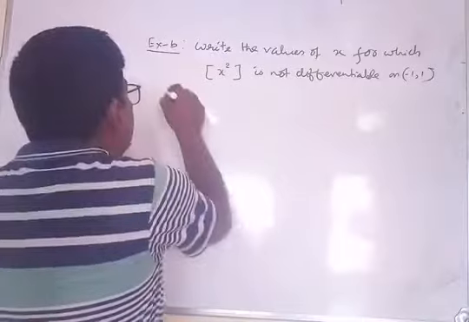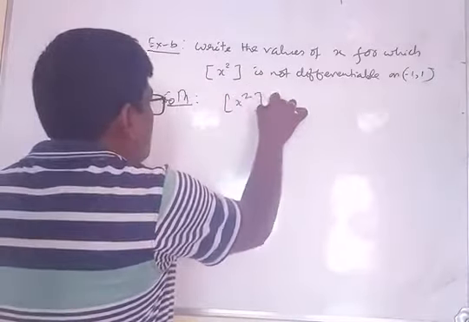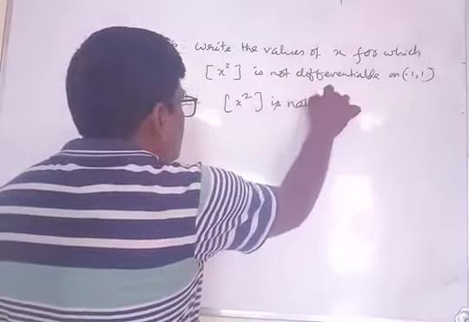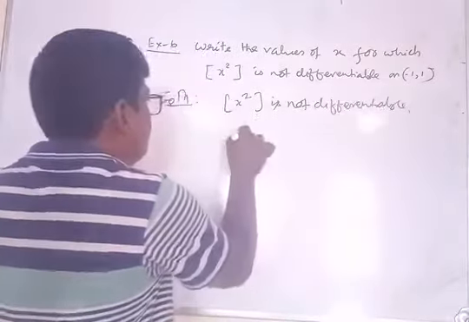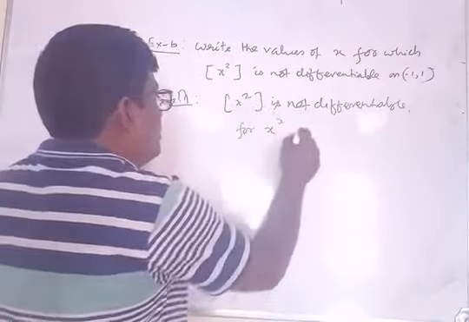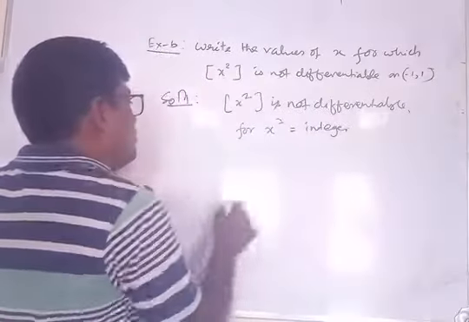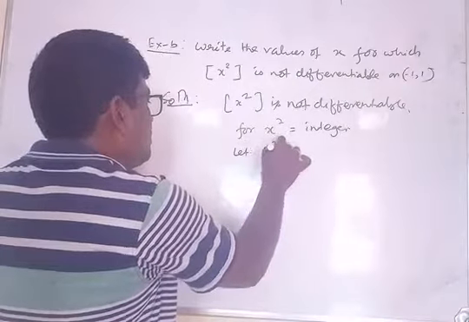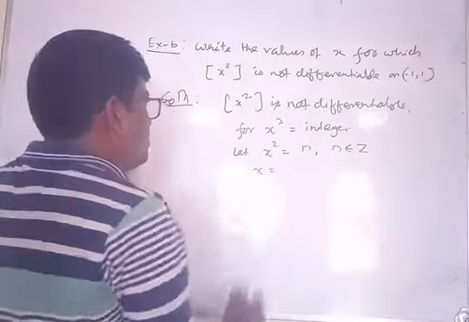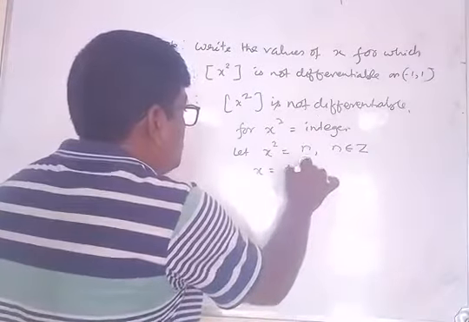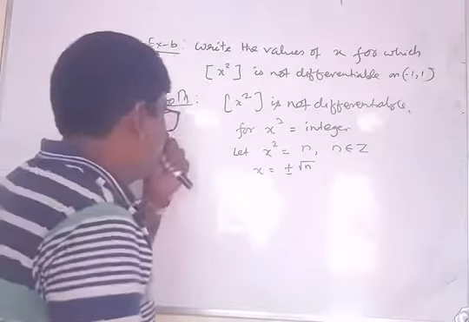So solution is, bracketed x squared is not differentiable for x squared equal to an integer. Let x squared equal n, n belongs to Z, or x is equal to plus or minus root n.